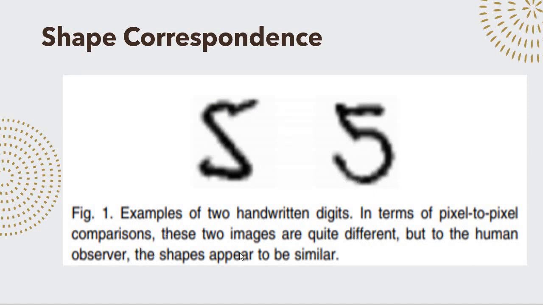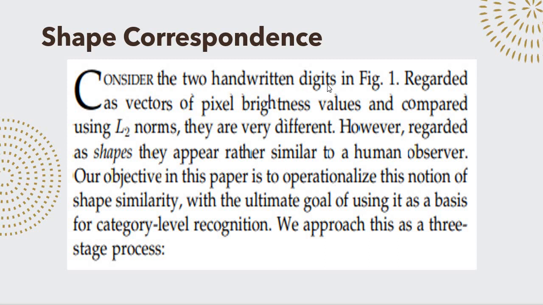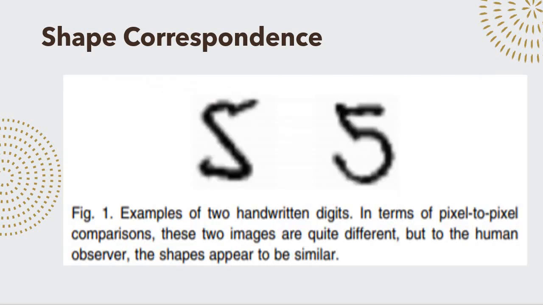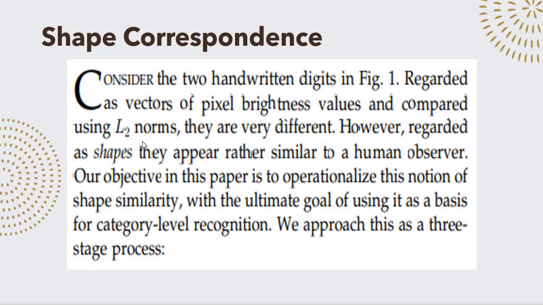But for a human observer, the shapes appear similar. If we compare the pixel brightness values using the L2 norm, they are different. However, regarded as shapes, they appear rather similar to the human observer.